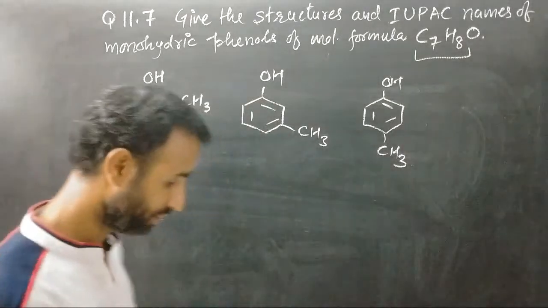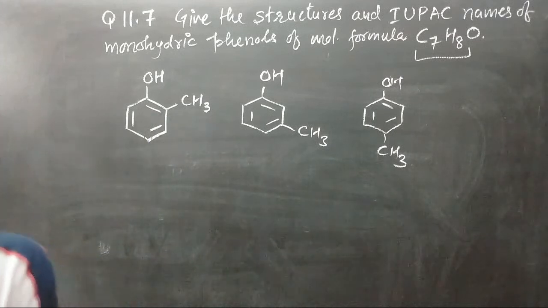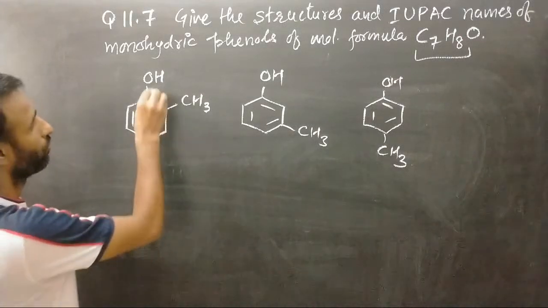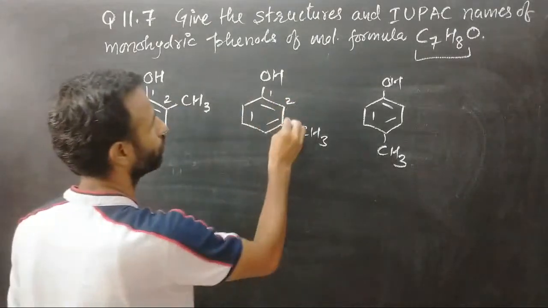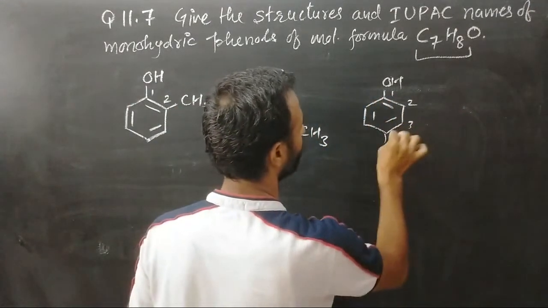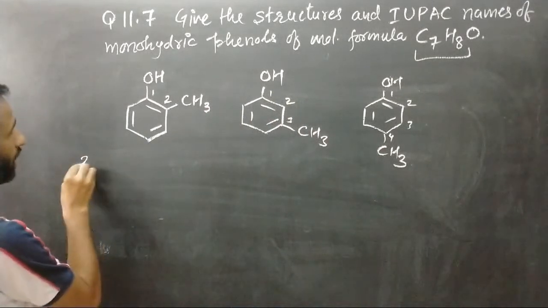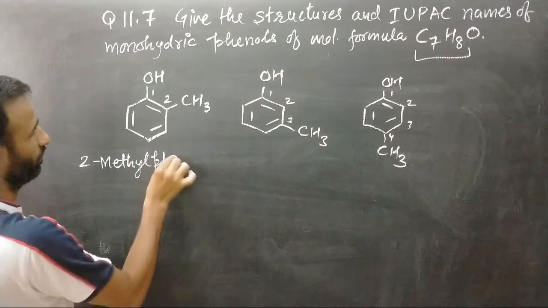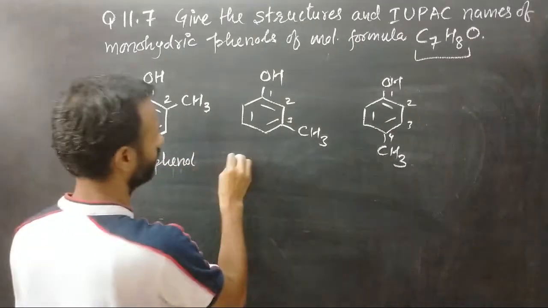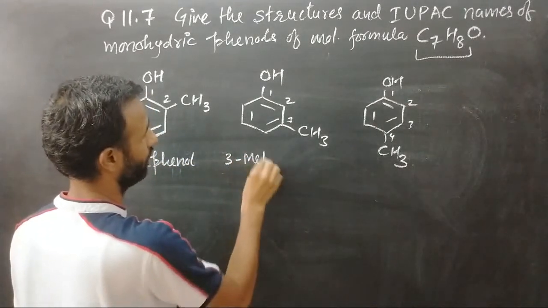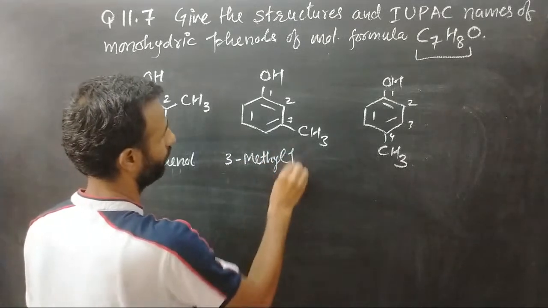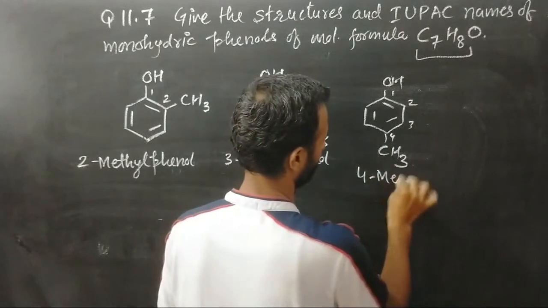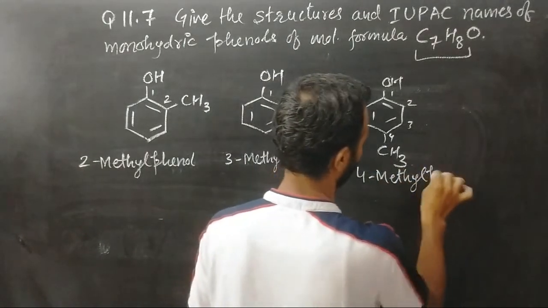Okay. So they are, it is 1, 2, 1, 2, 3, 1, 2, 3, 4. So it is 2-methyl phenol. This is 3-methyl phenol and 4-methyl phenol.